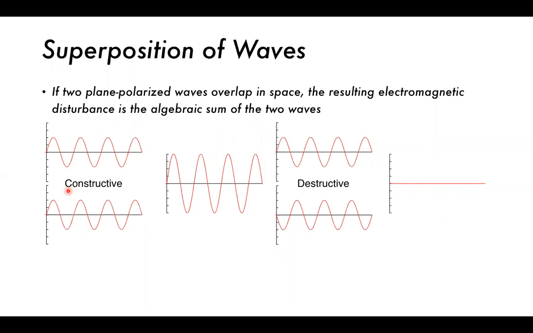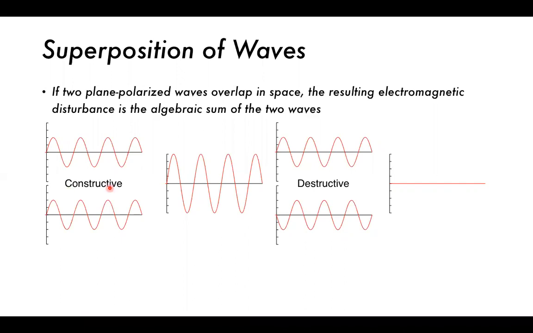So one of the important things about waves, and one of the reasons why they're useful in carrying information, is that they can be added and subtracted. We call it constructive and destructive interference, but it's effectively just adding and subtracting. If we have two plane polarized waves, that means they're pointing in the same direction, and they overlap in space, we will get a resulting electromagnetic disturbance as an algebraic sum of the two waves.